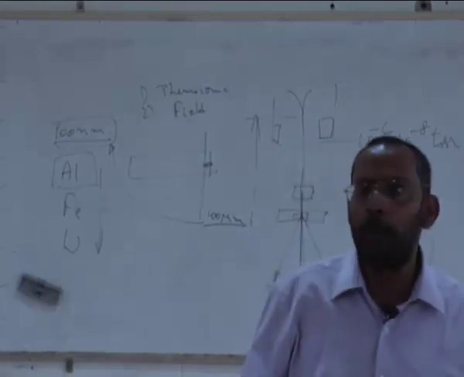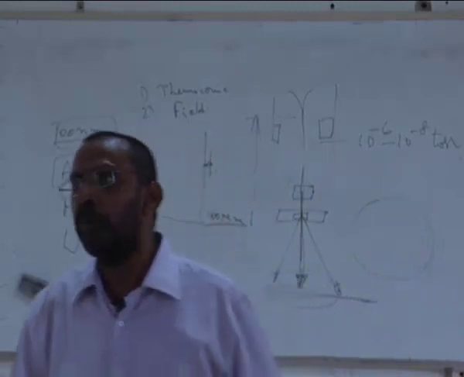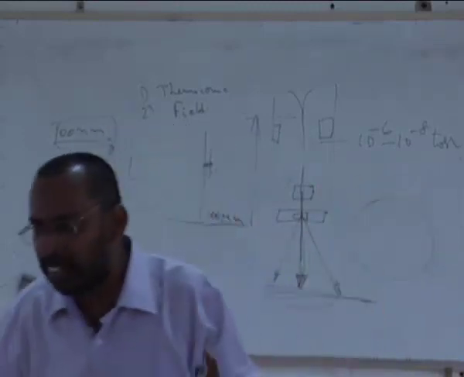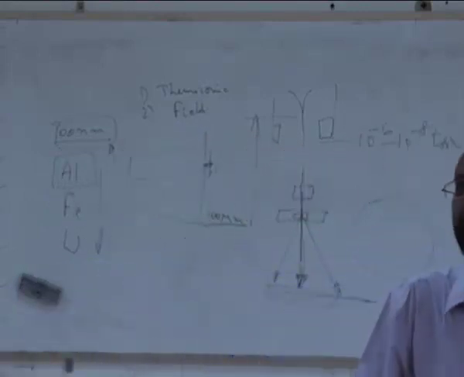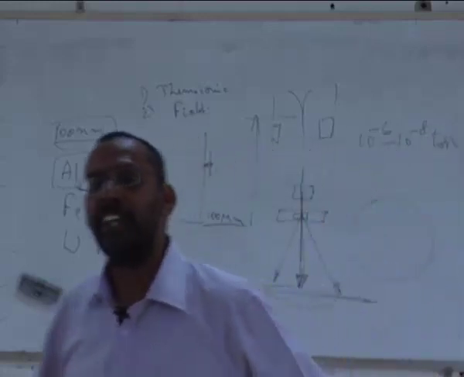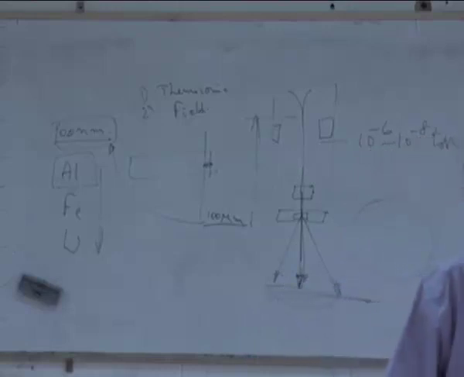If my sample preparation technique itself is introducing dislocations, then I do not know whether the sample that I have taken is annealed. After seeing the sample you say, no, you have not given me an annealed sample, you have only given me a deformed sample. That fellow will say, no bhai, I have done significant annealing of this sample. But your sample actually shows a lot of dislocations.